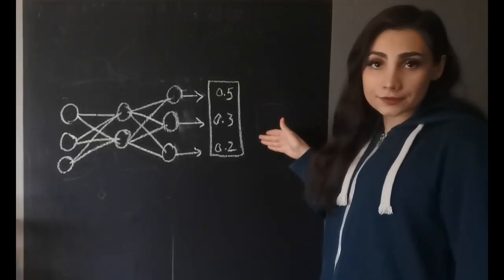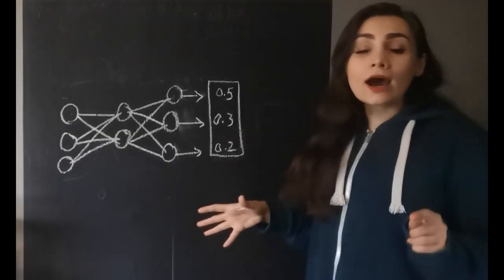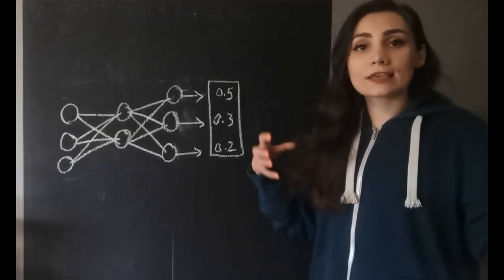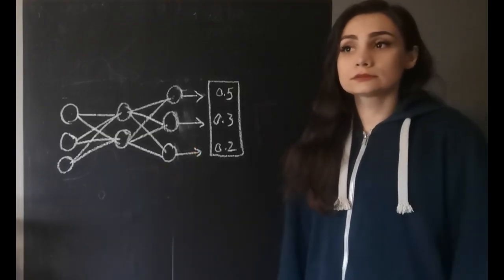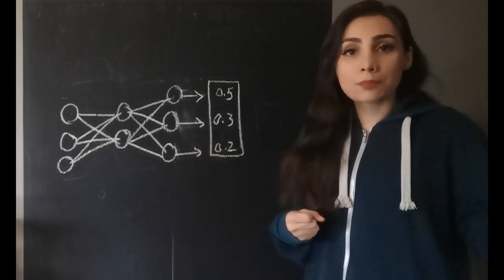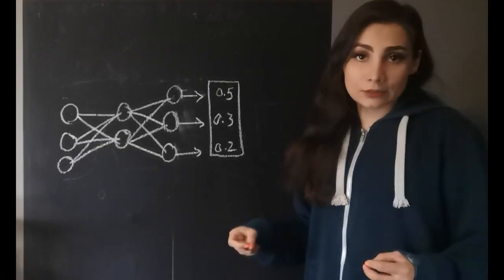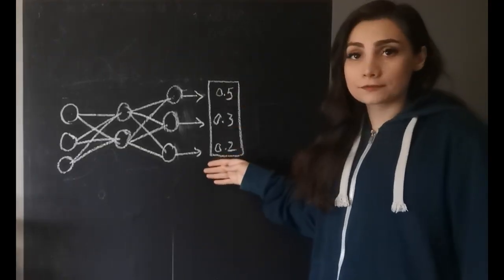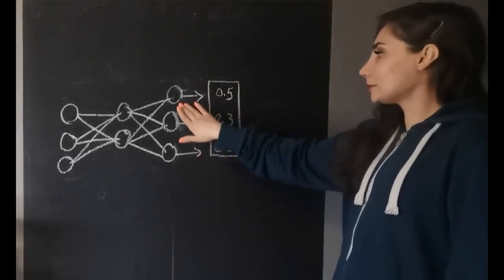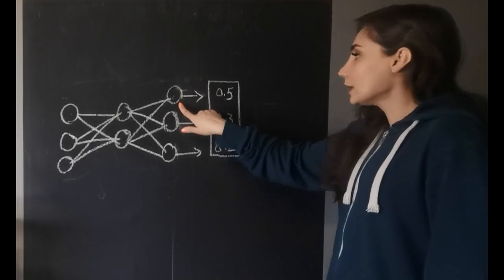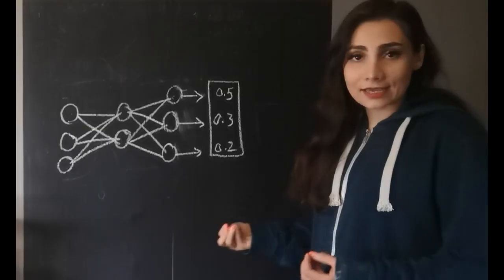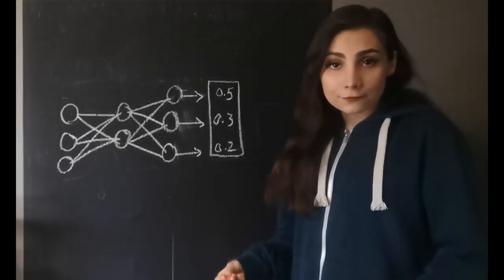Because now you're not comparing if it's this or the other one. Here, you're not doing binary as you're doing with sigmoid. You are comparing all of them with each other. Like for example, right now we have the highest probability for this output.